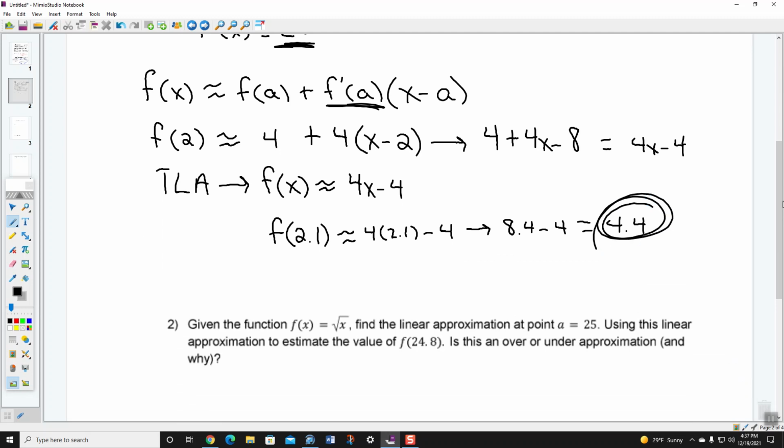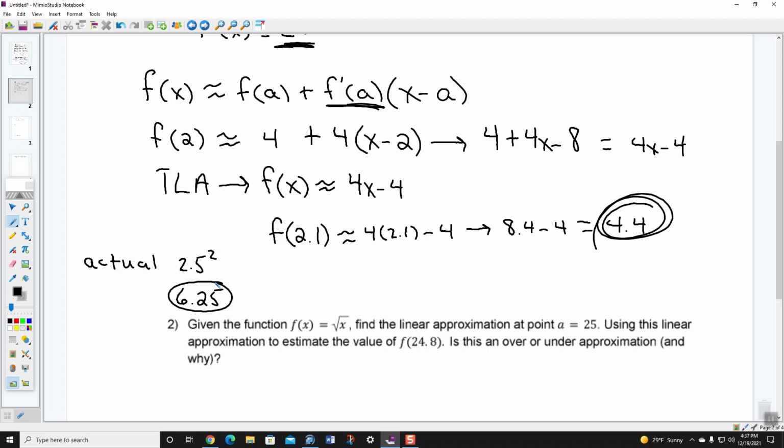Now the question goes on to ask, well, let's do f of 2.5. Okay? If I would do the actual rate here, in our function x squared, 2.5 squared, I know is 6.25.